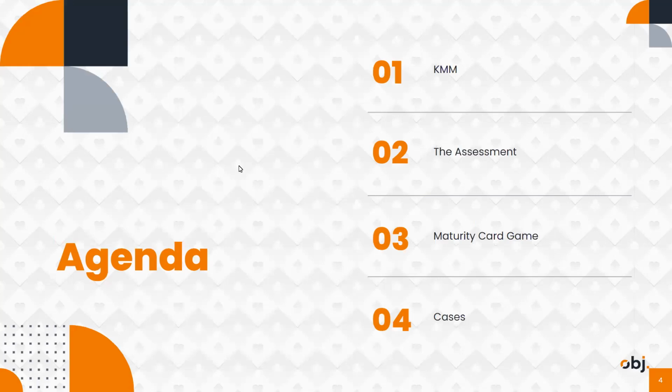We're going to talk very quickly about the KMM, just to get everybody on the same page. Then we're going to talk about the assessments that we do to measure the company and the environment, and how we work with it. And we are going to show the game.